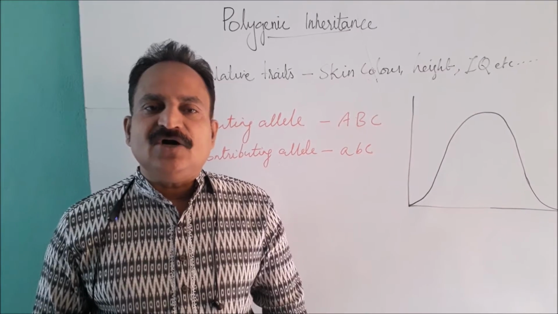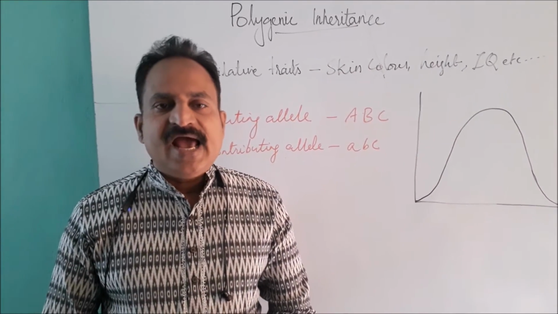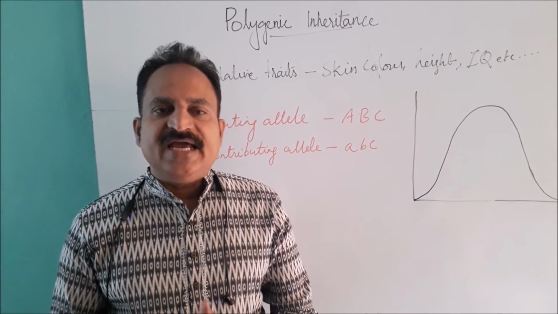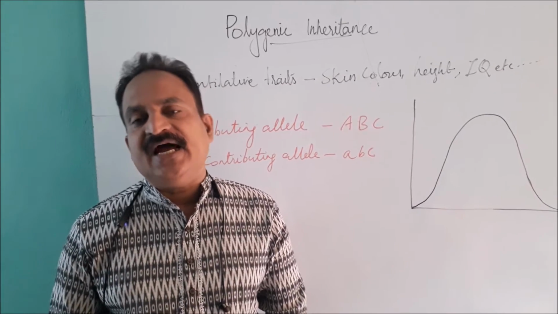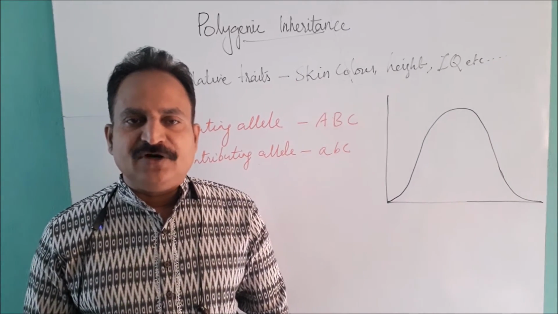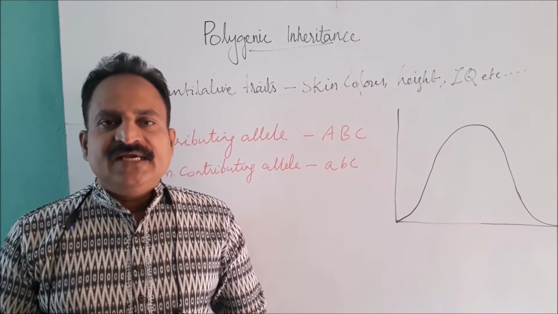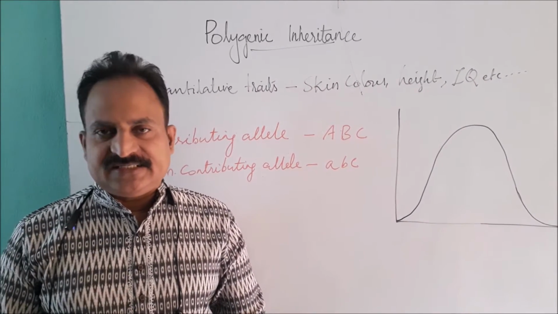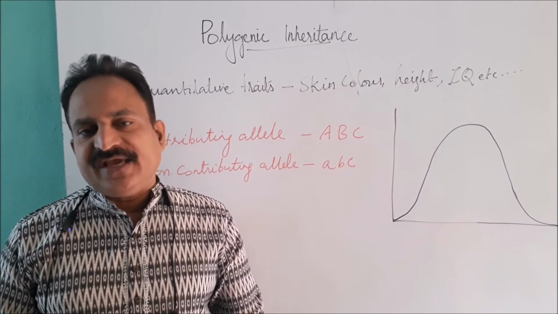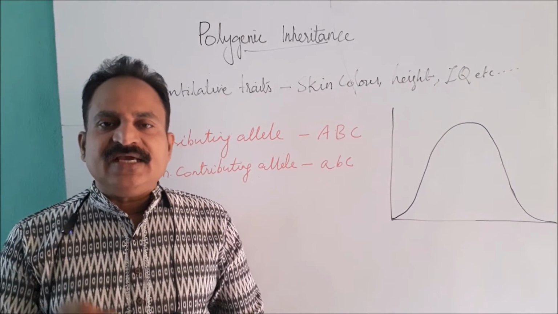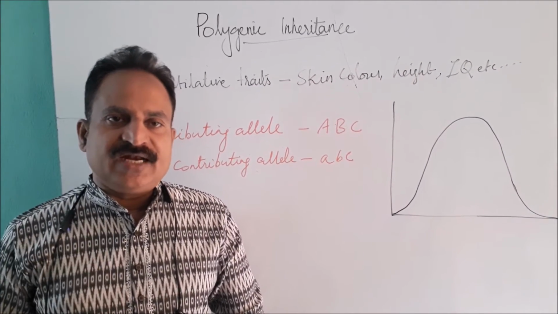Each of the genes that contribute to a polygenic trait has an equal influence and each allele has an additive effect on the phenotypic outcome. The probability of an offspring inheriting a certain characteristic from its parent can be determined using a checkerboard Punnett square.